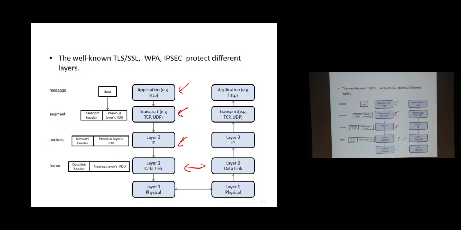I have some crypto, I'm very happy, I know how to do it, and now I want to protect my connections. But should I put the protection mechanism here, here, here, or here? It turned out that it's not an easy answer. There's no easy answer.